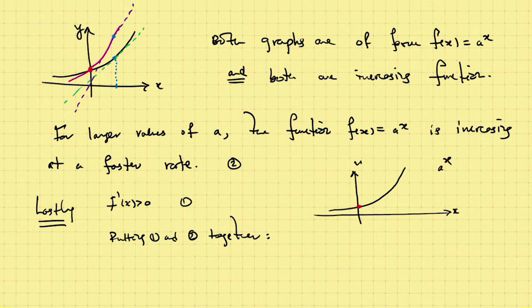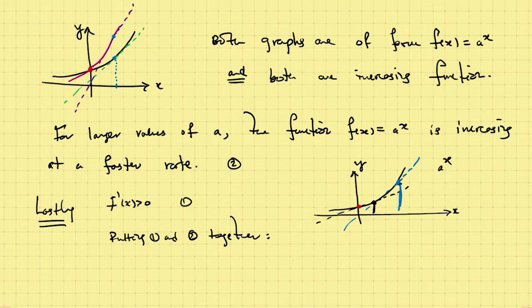But what's special about this graph is that as you go to each point on that graph, the gradient of the tangent at that point is just going to be the same as the y value. And you go to another point, then the gradient of that tangent is just going to be the same as the y value, which is the height. And the same thing is going to be true for every point on that graph.